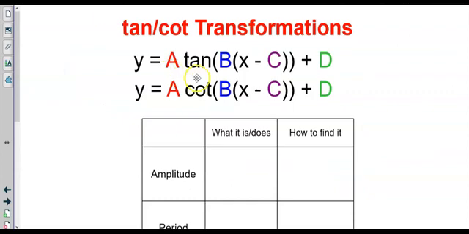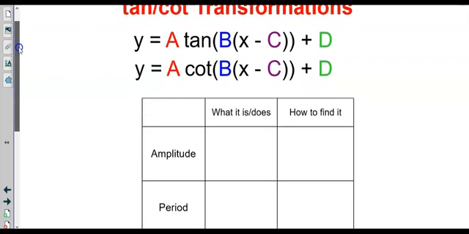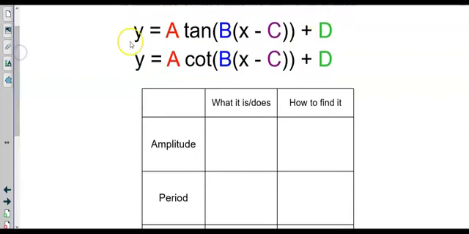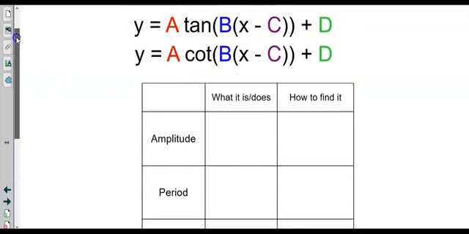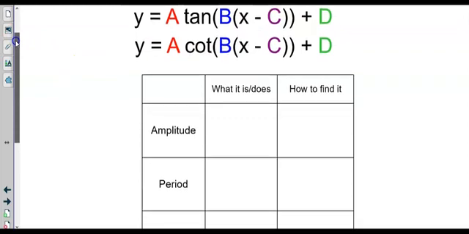All right, and then for the different transformations here, there are some different things that go on with tangent and cotangent, so let's just be careful when we talk about these. The parent function or the transformation functions look very similar.